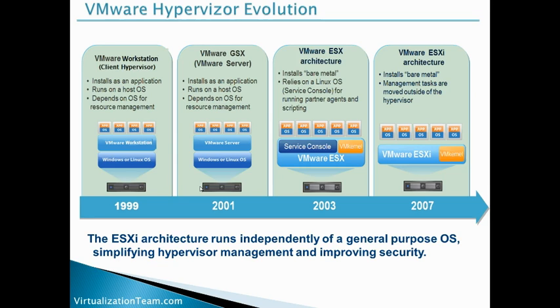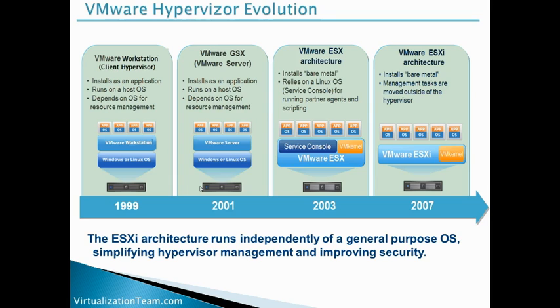You could log off the machine and that didn't affect the virtual machines running on it. Though it still was running over an operating system, Windows or Linux, so it was still a hosted hypervisor. All the resources and scheduling were done mainly through the Windows or Linux operating system sitting below it, as well as managing the drivers.